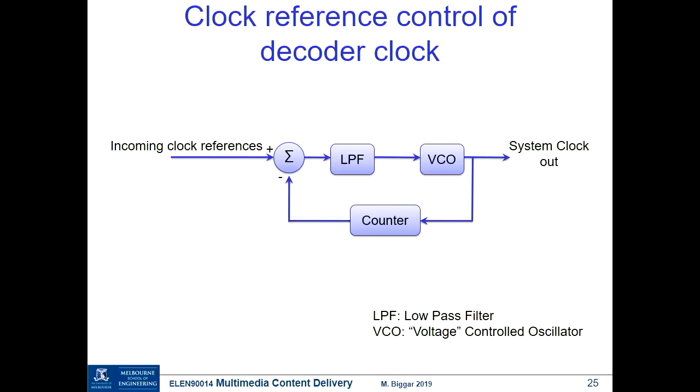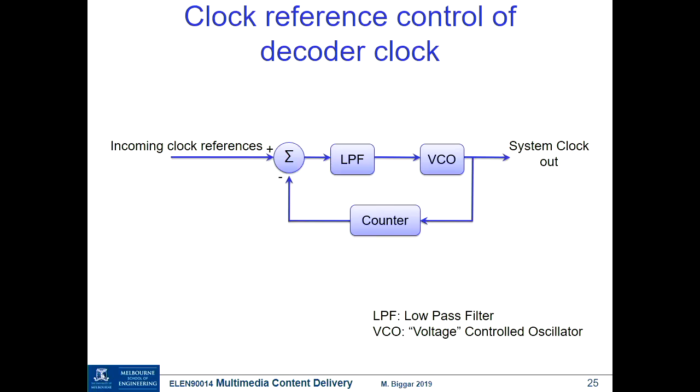Let's assume that this is roughly the same as this, but there could be some small difference here. So we take that difference and that goes through a low-pass filter. The low-pass filter is there because these clock reference signals may arrive at slightly varying times because of jitter on the network. But if there's a sustained error between this one and this one, then the output pulse rate from the system clock will adjust accordingly.